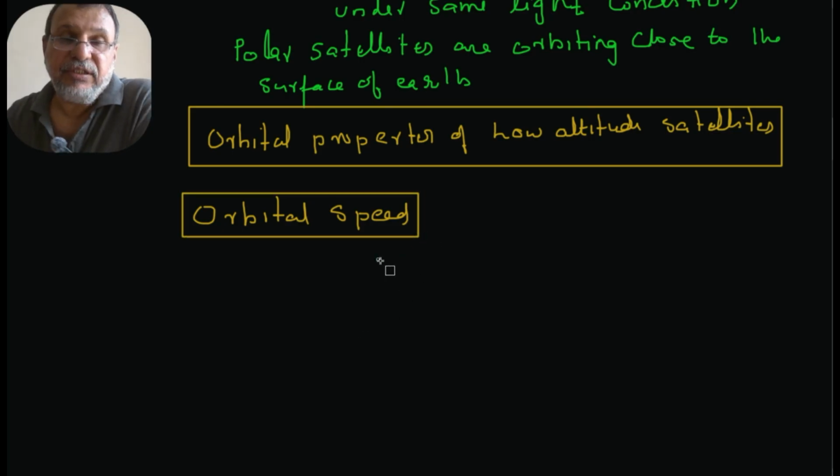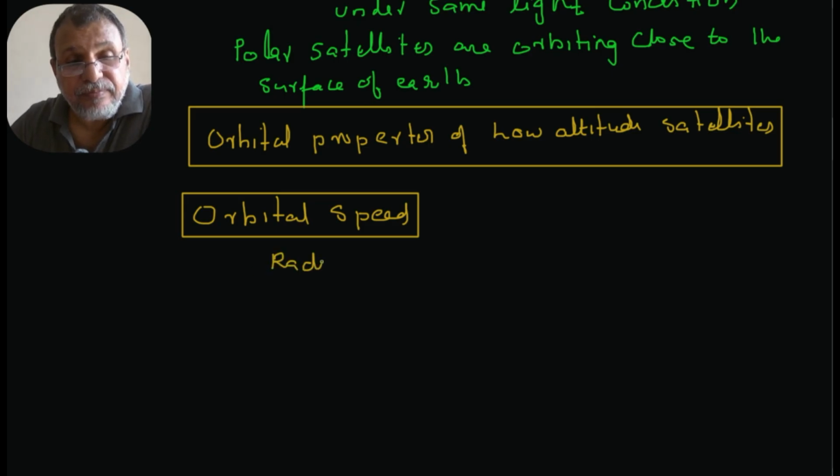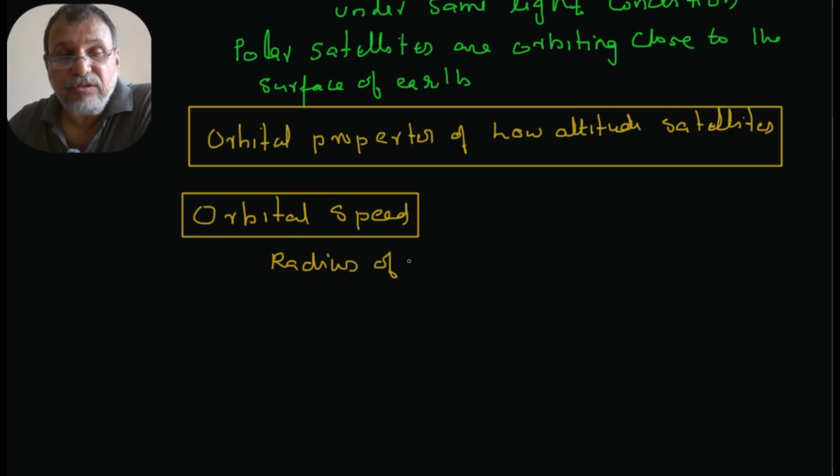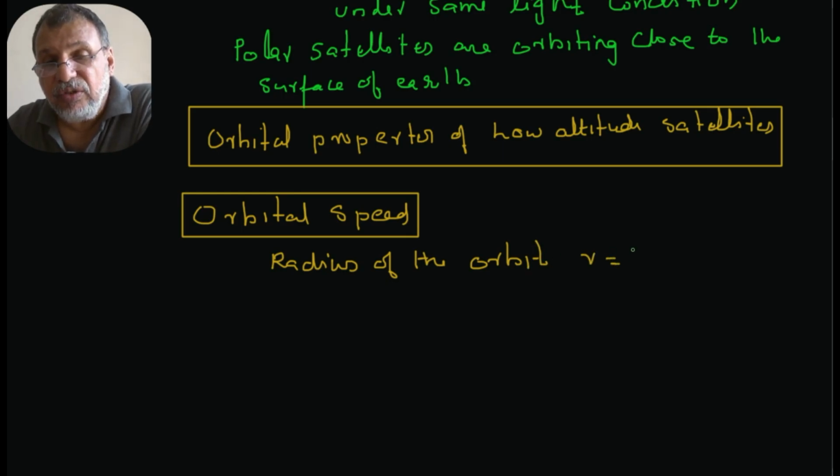In this case, the radius of the orbit is a few hundred kilometers. So we can assume the radius of orbit r is equal to R, the radius of Earth, plus h, the height from the surface of Earth.